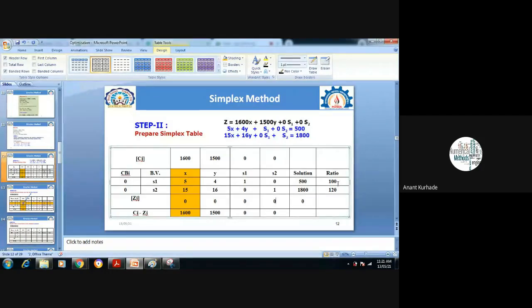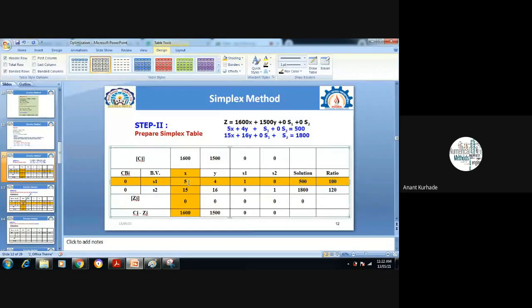Which one is smaller? 100. So 100 is less, then you can assign this whole row as the key row, and at the intersection of key row and key column, you have one element, that is 5. You can assign this 5 as the key element.